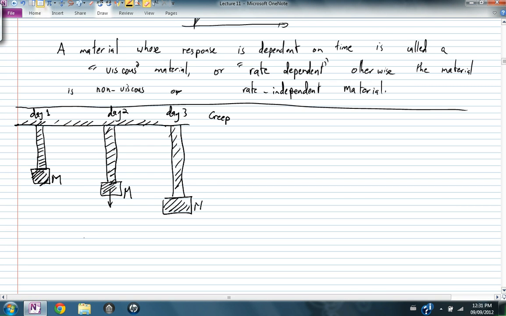So creep is the increase in deformation over time under constant load.